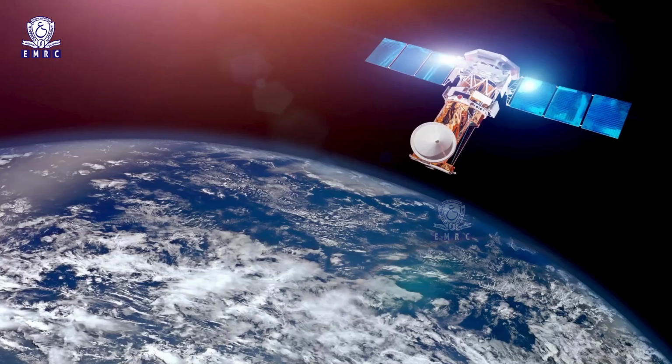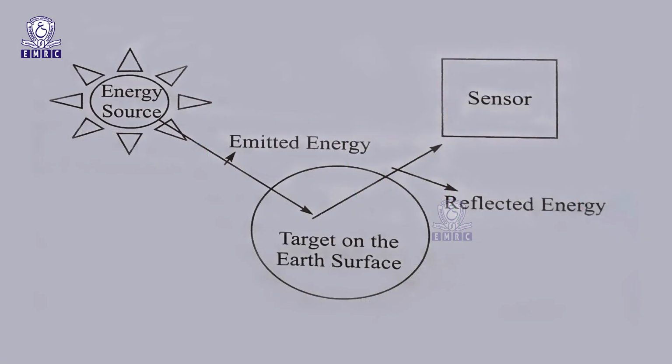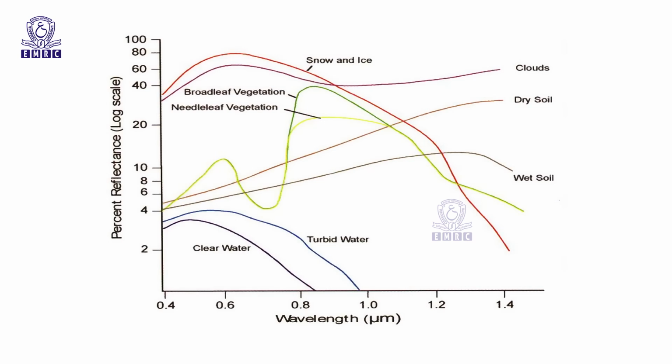Spectral resolution. Different materials on the Earth's surface exhibit different spectral reflectances and emissivities. The variation in reflectance and emissivities is used to distinguish features. However, the spectral signature does not give continuous spectral information. Rather, it gives spectral information at some selected wavelengths.